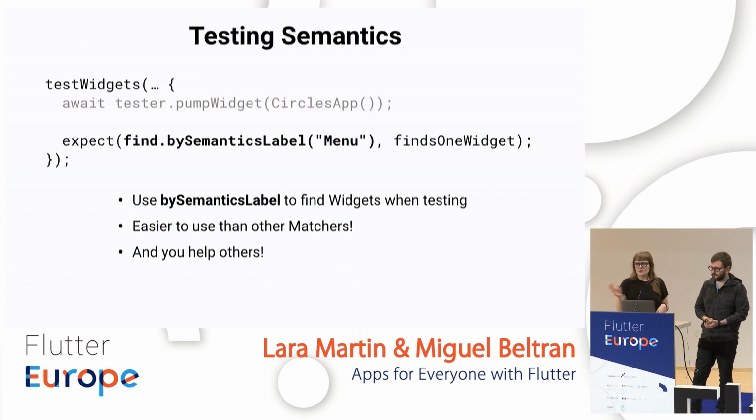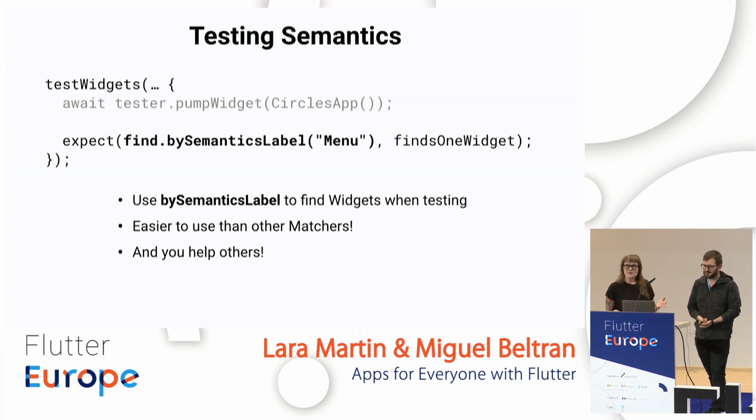This can even be easier to use than other testing matchers. So we recommend you do it, because by having semantics, you are helping people, but you are also able to test and have a robust application.